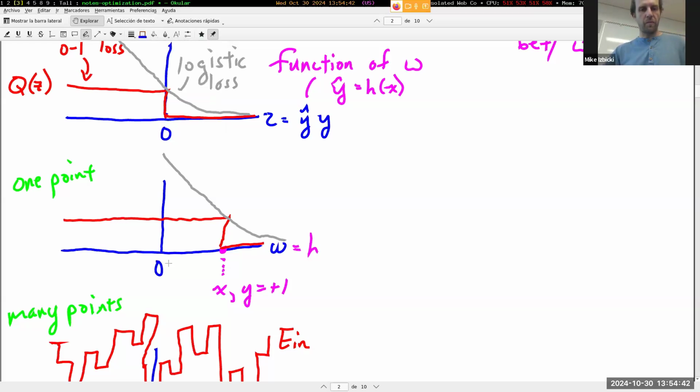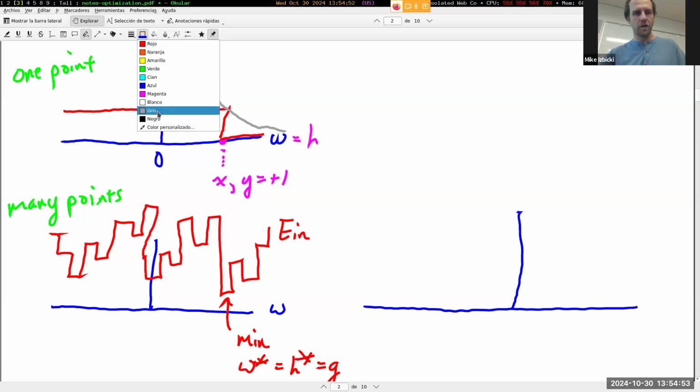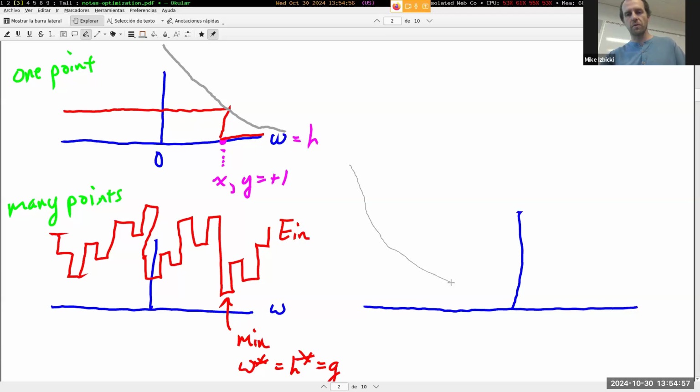And in the many points case, I'll draw a separate axis now so that it's somewhat visible what's going on. We're going to have an overall convex shape, and I won't draw it centered at 0 like that.